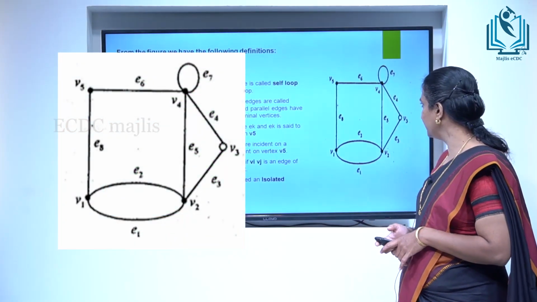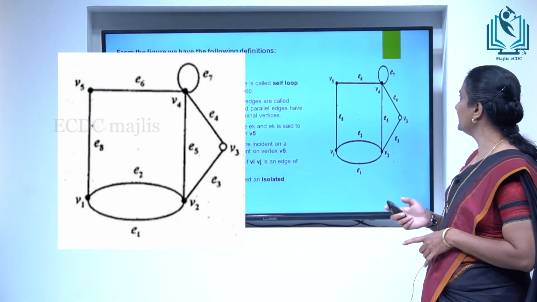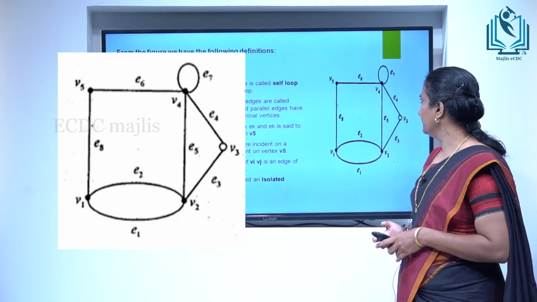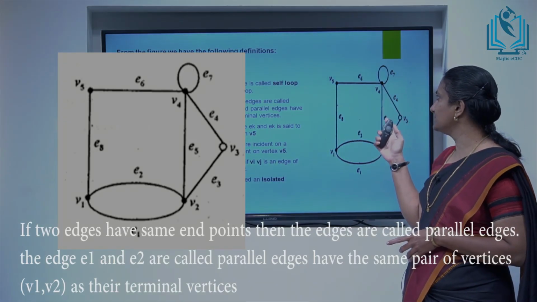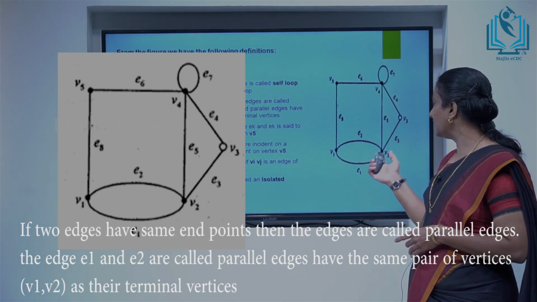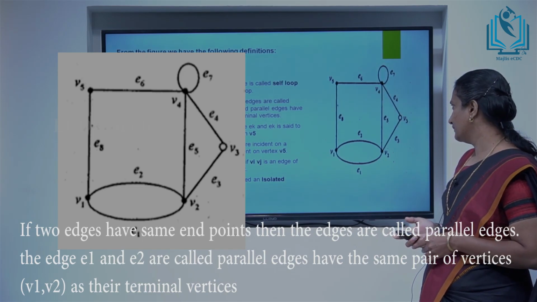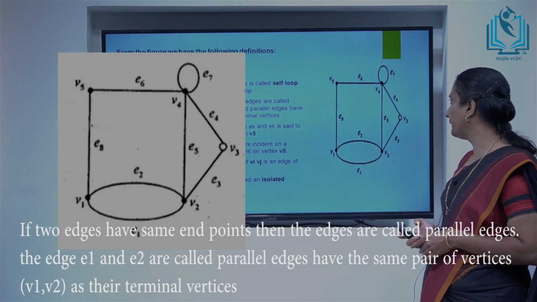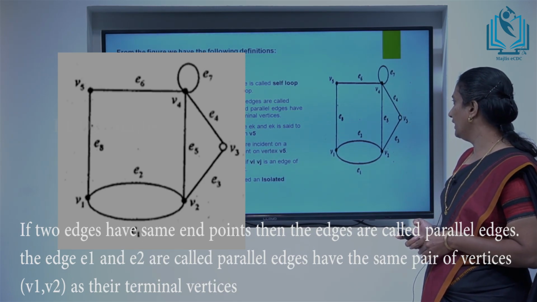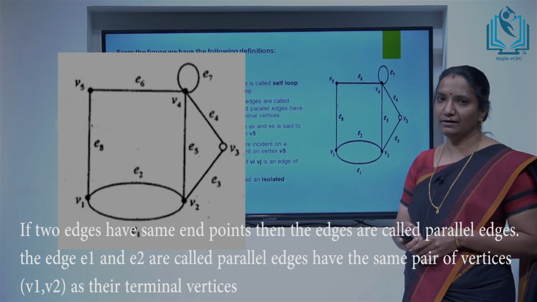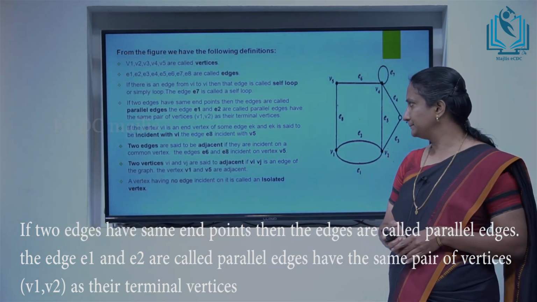In our example graph, the edge E7 is called a self loop. Next, if 2 edges have the same vertices, then the edges are called parallel edges. In our example, E1 and E2 are called parallel edges. They have the pair of vertices V1, V2 as their terminal vertices.